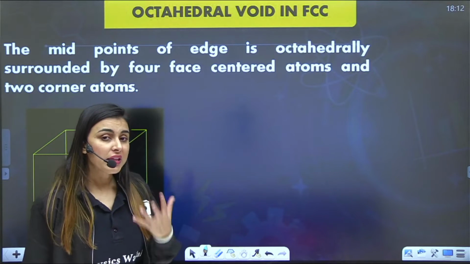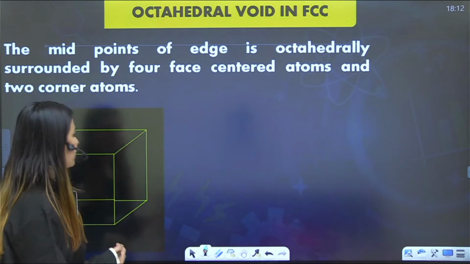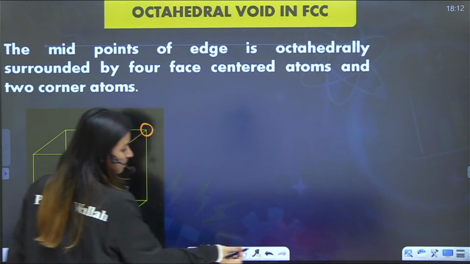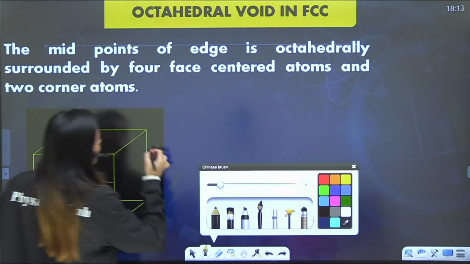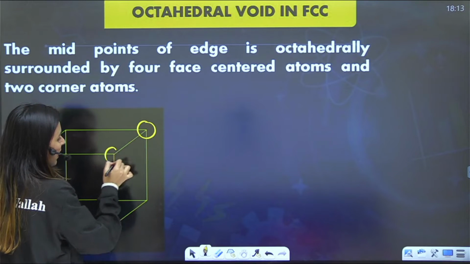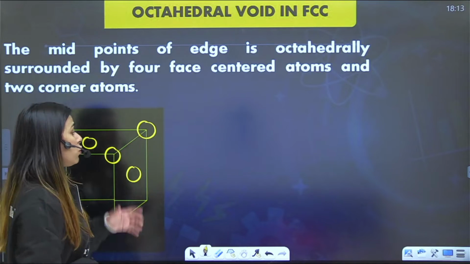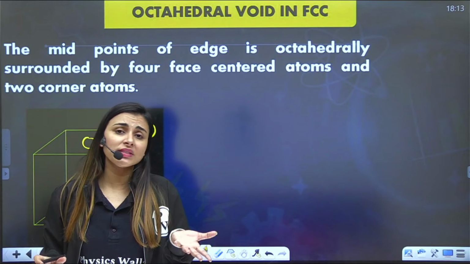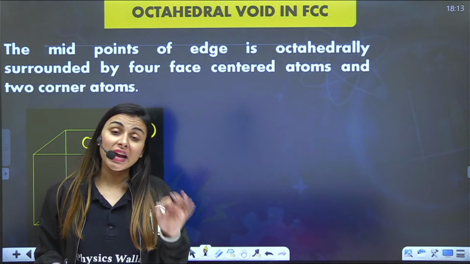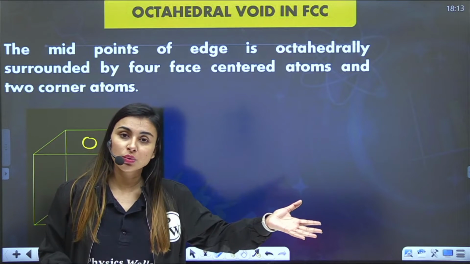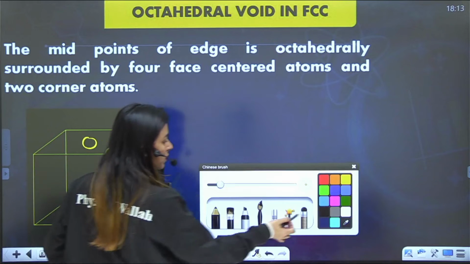Okay, for that what you need to understand, you have a FCC structure, so definitely you have atoms here. You have atom here, you have atom here, you have an atom in the face center, you have atom here. So now you cannot visualize it because there are no six atoms present till now. For that, my dear students, you need to make other unit cells as well, those connected unit cells.